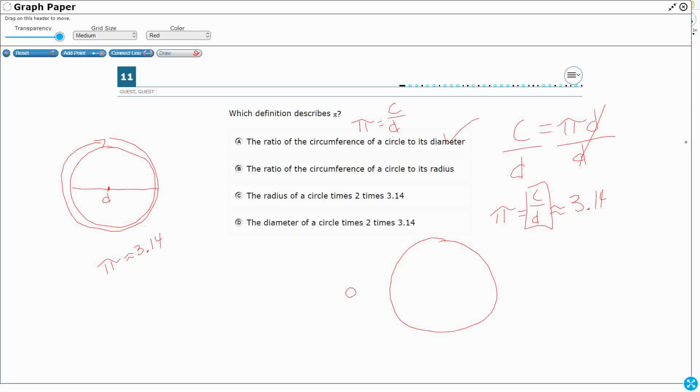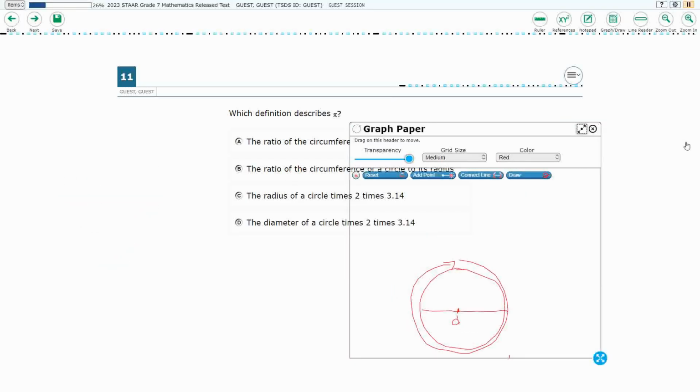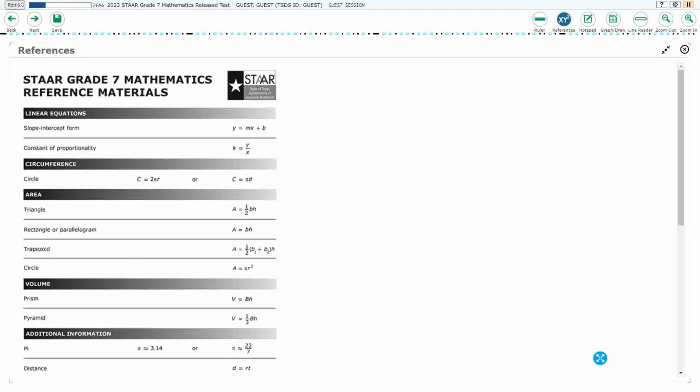So let's check the other ones to make sure they're incorrect. The ratio of the circumference to its radius. No, it's not this. It's over the diameter. The radius of a circle times 2 times 3.14. That's radius times 2 times pi. If you notice right here, we actually saw that. 2 pi r, that's actually the circumference right here.